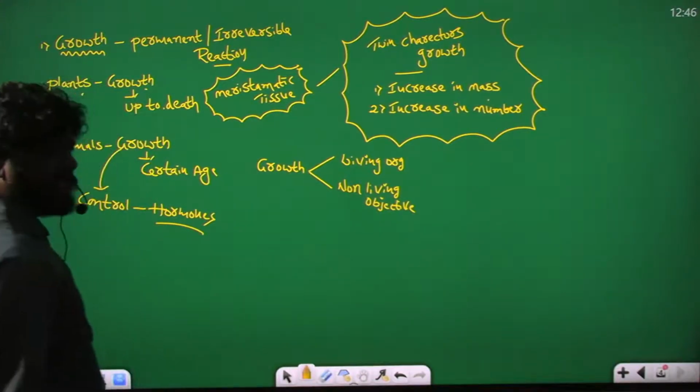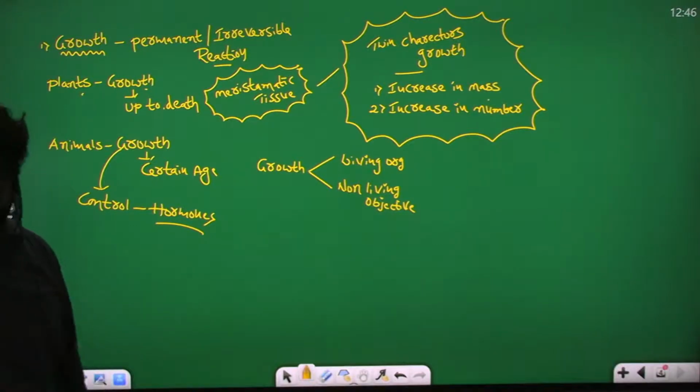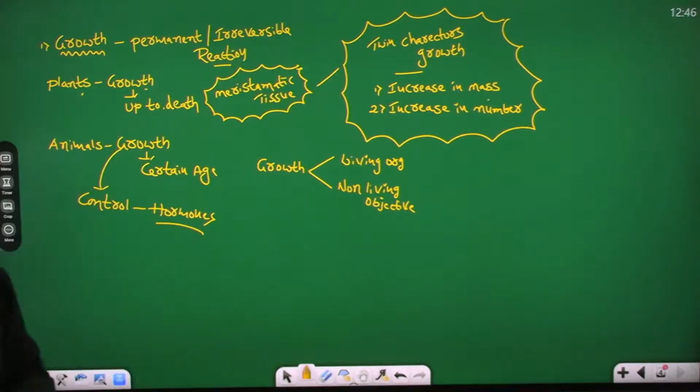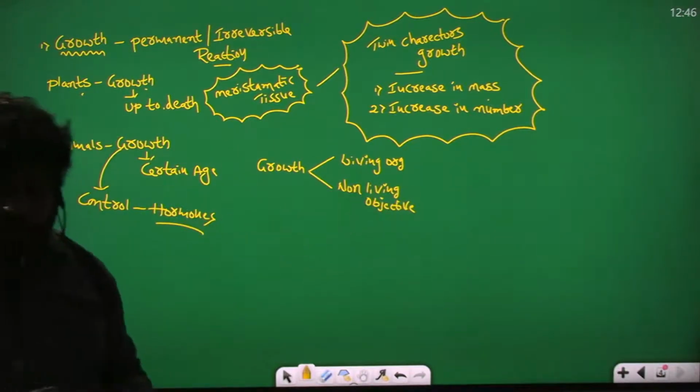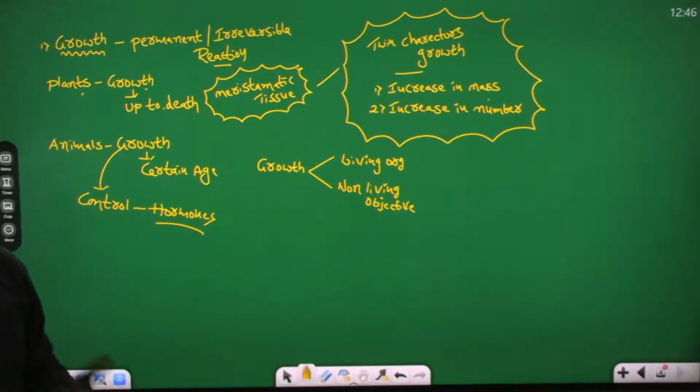Generally growth is reported in living organisms as well as non-living objects. Living organism growth we know. Plants every day show growth. Animals show growth every day. Human beings also show growth.